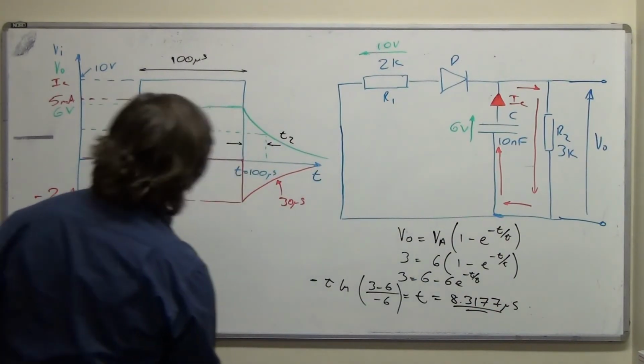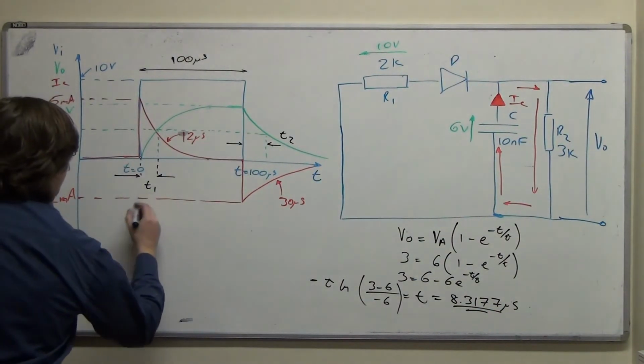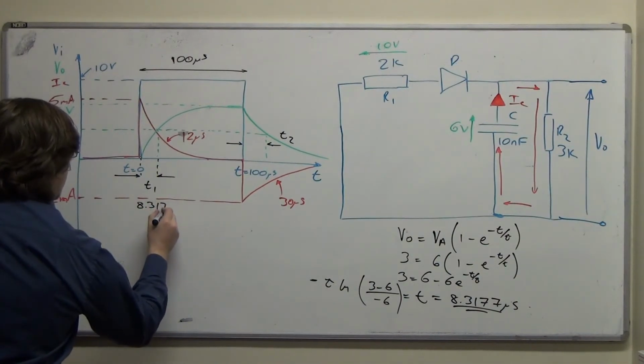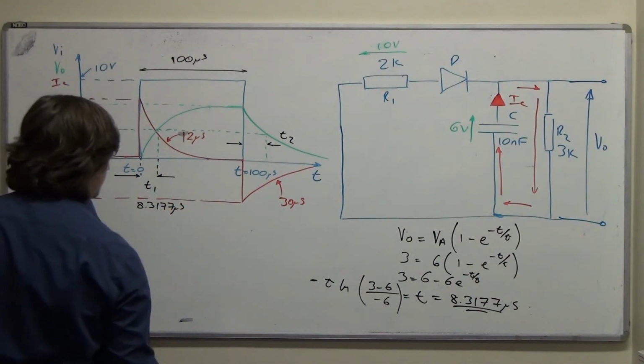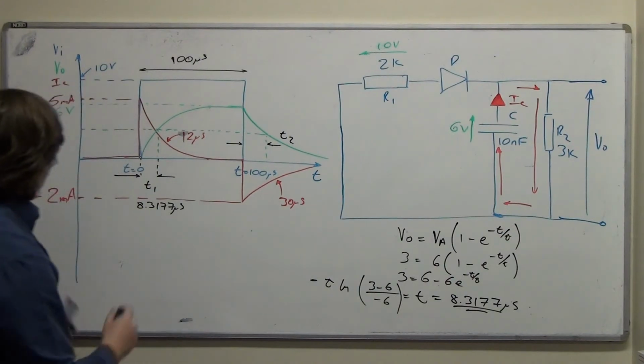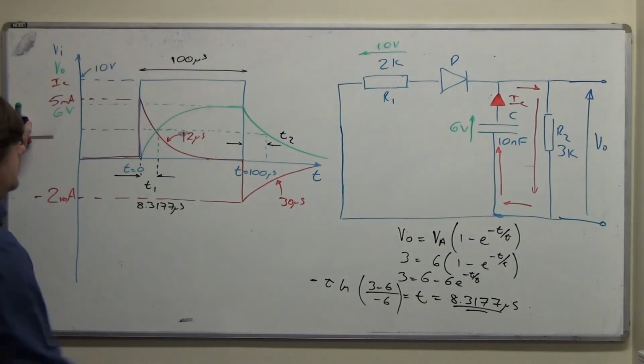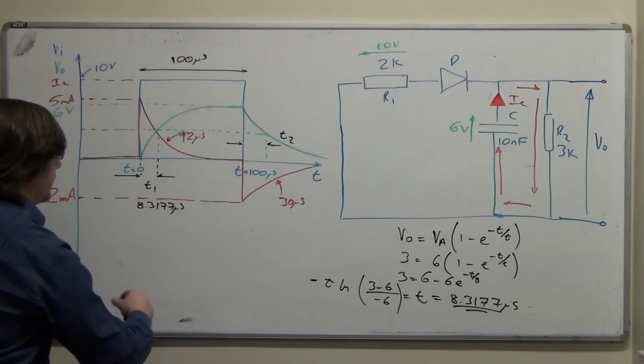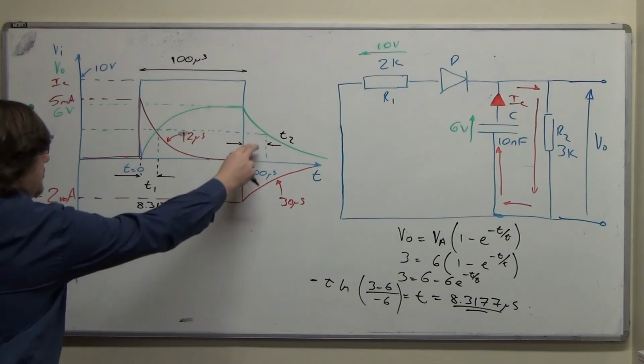So this time here, T1, is 8.3177 microseconds.